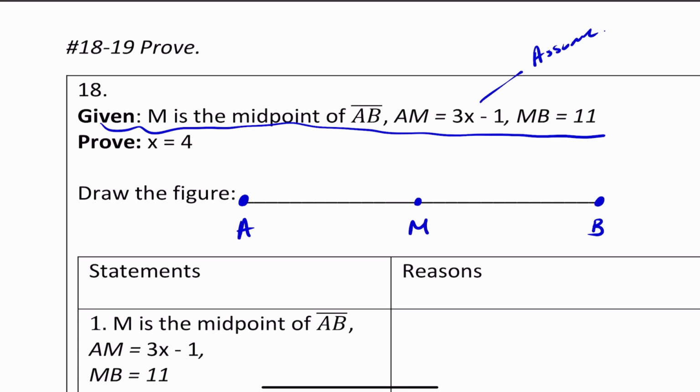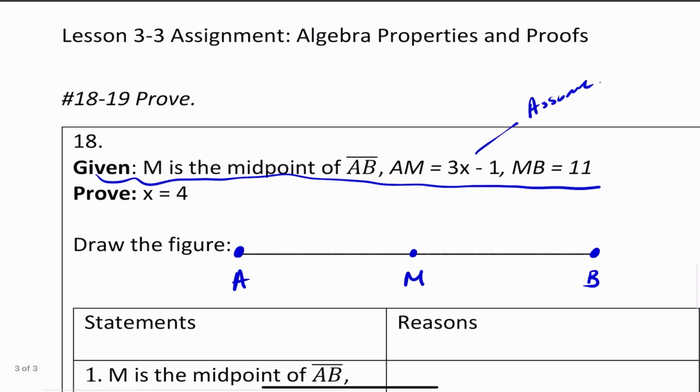So what is going on here? If M is the midpoint of segment AB, what is the result? Well, it's going to split the segment into two congruent parts.